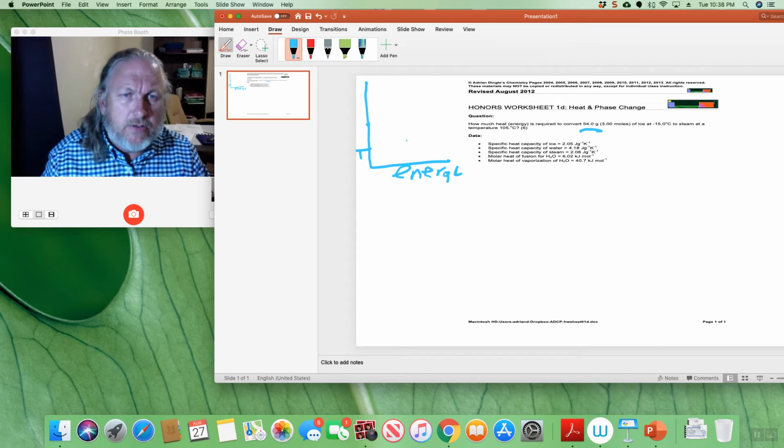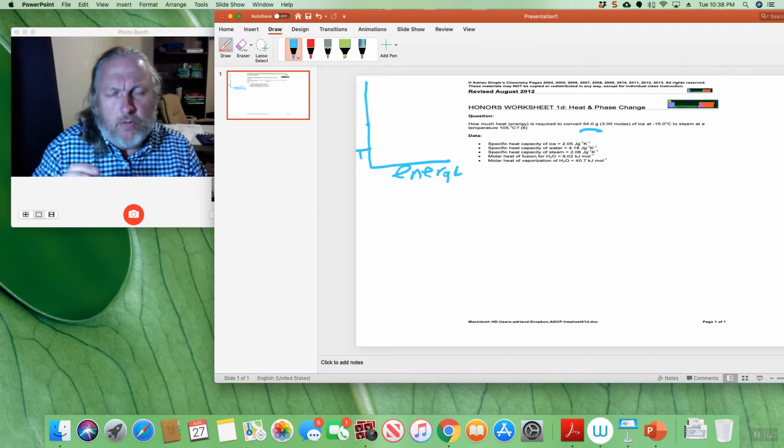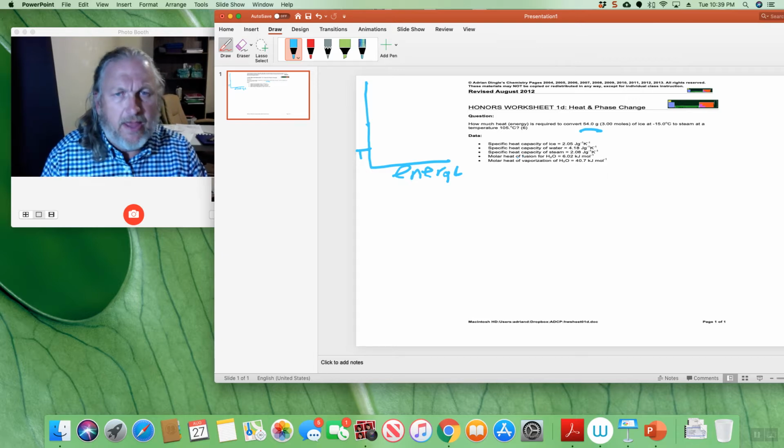But we really can't do it because the specific heat capacity of ice, of water, and of steam are different. Each of those phases is going to require a different amount of energy to attack the forces holding those molecules together. That's why we have this phase change diagram.